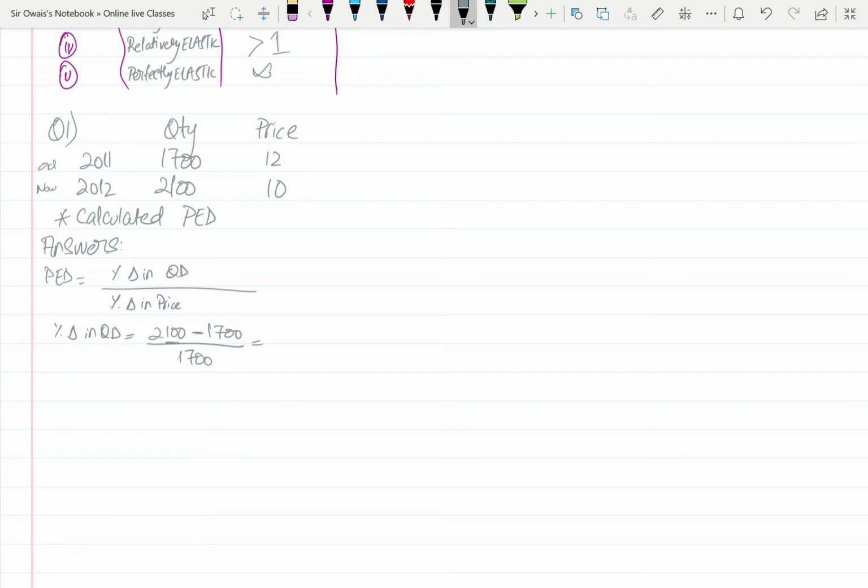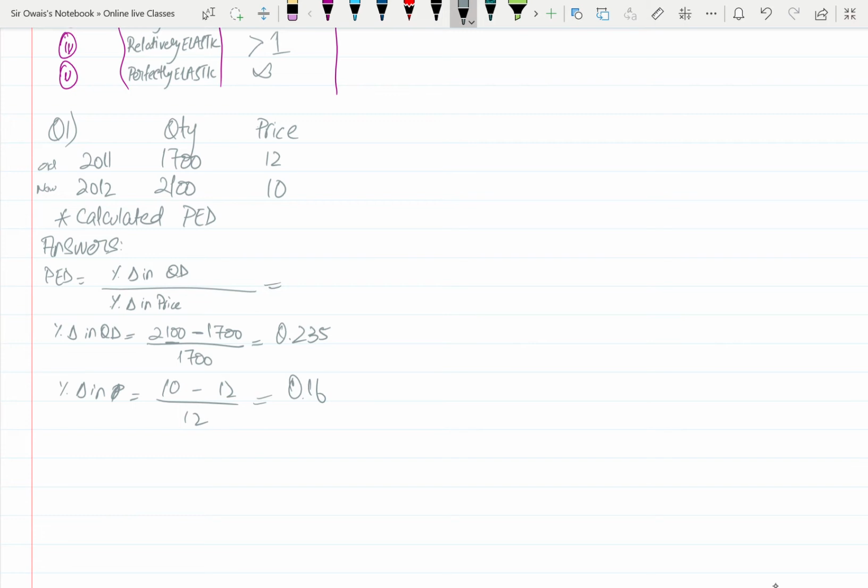Let me use the machine. That is 0.23. The percentage change in price is the new price, 10, minus 12, upon 12. I'm just going to place these answers in the above equation.